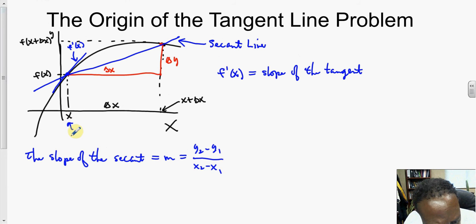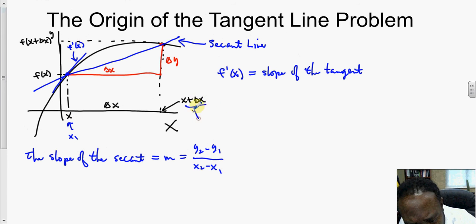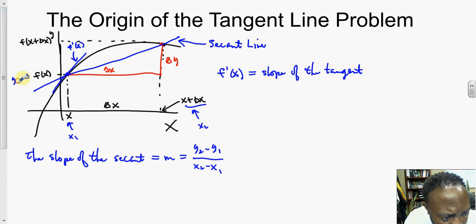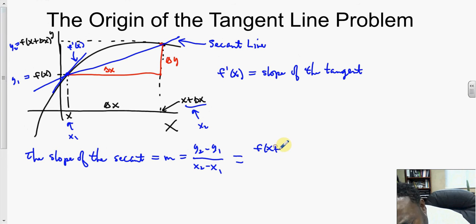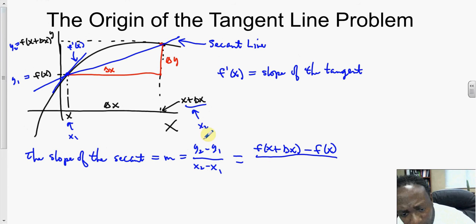So if we call this guy x sub 1, if we call this term x sub 2, call this y sub 1, and call this y sub 2. So what we end up with is f of x plus delta x minus f of x is the change in y all over x plus delta x minus x.